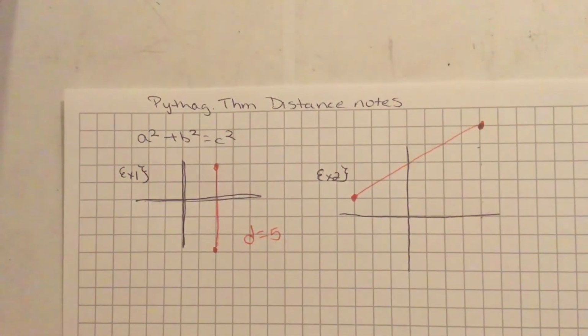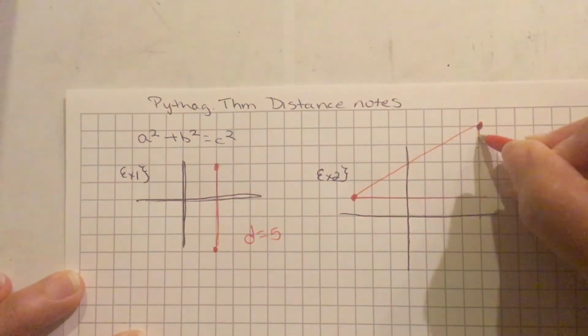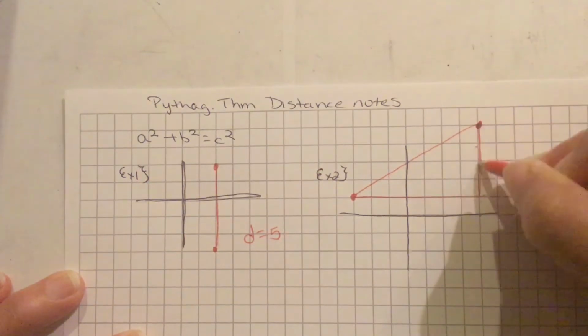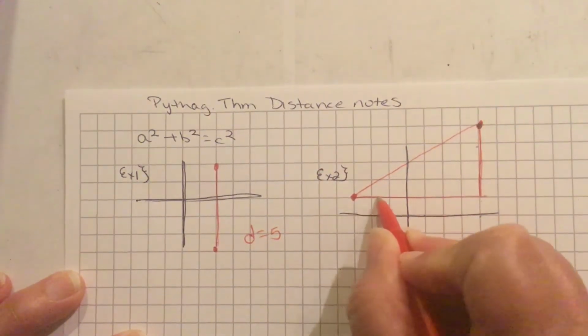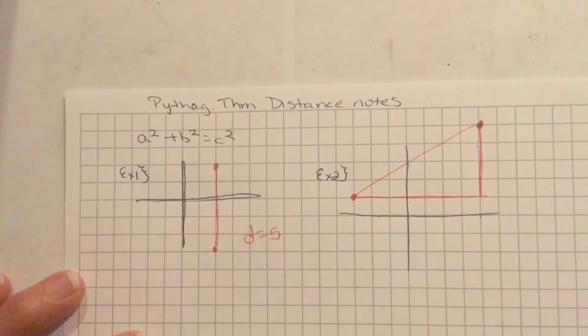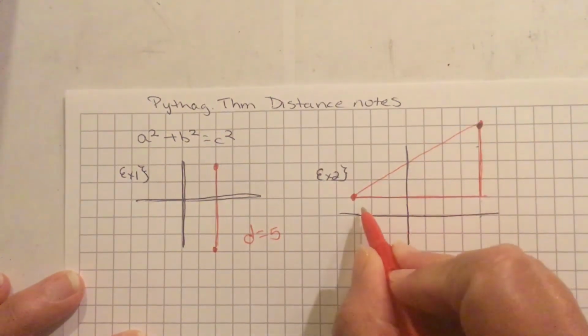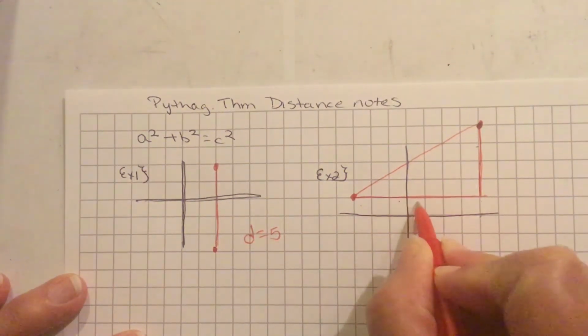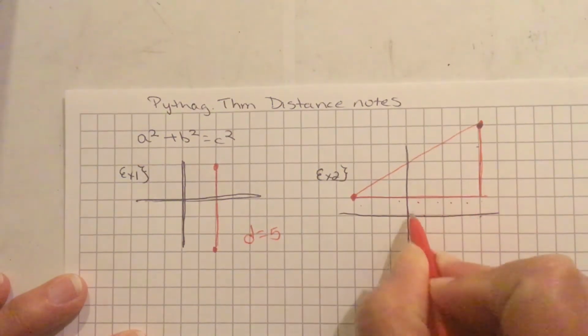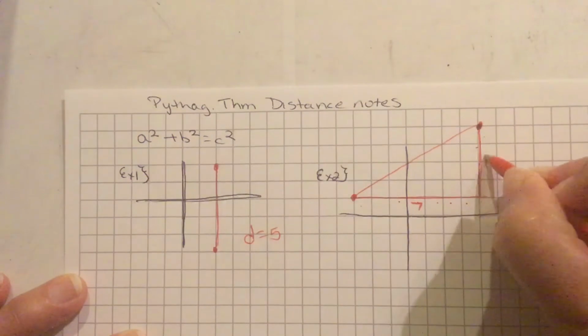What you would do in this case is you would make a right triangle by extending sideways and down. Notice this is a right triangle, which now means the Pythagorean theorem is true. So let's count the distance for the legs, or how long the legs are. 1, 2, 3, 4, 5, 6, 7. And this one is 1, 2, 3, 4.